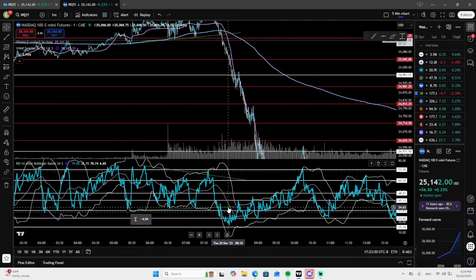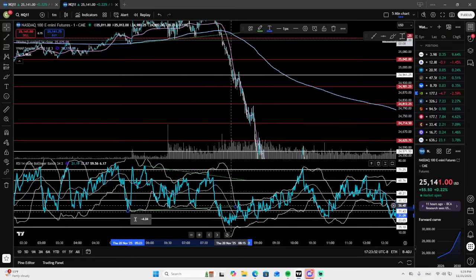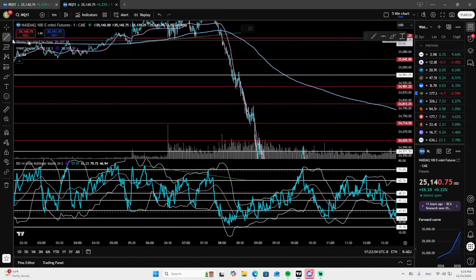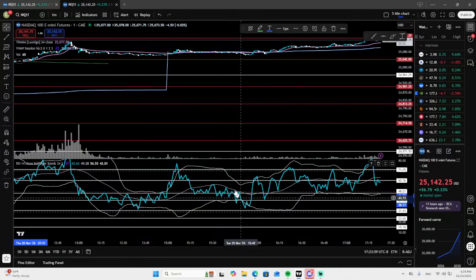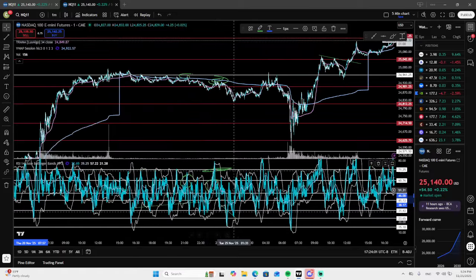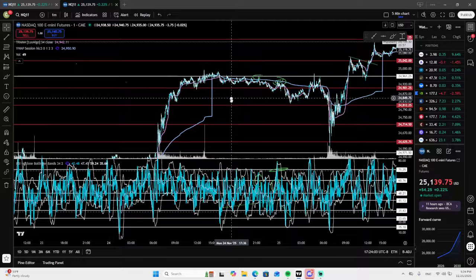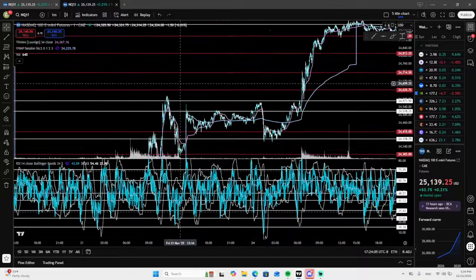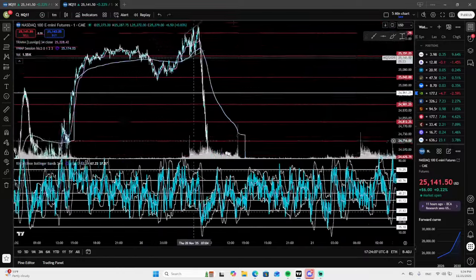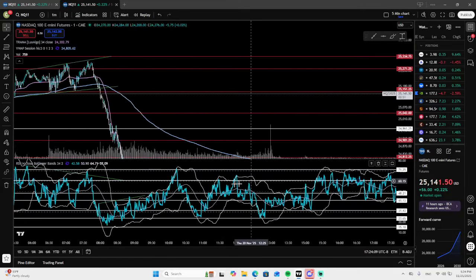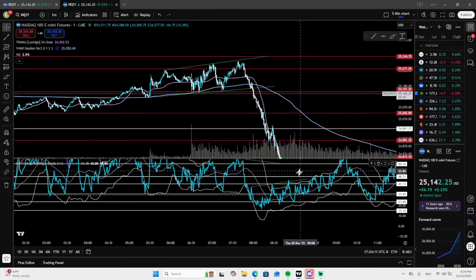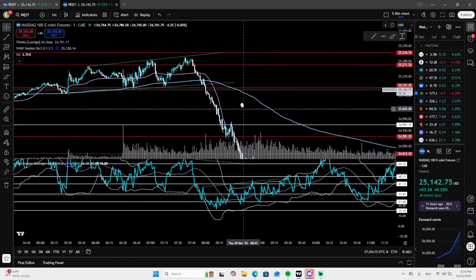Okay, because look at the 1 minute now. All right, what did we do on the 1 minute? We have our top divergence here. So we have our top divergence here that we're rejecting every time, right?